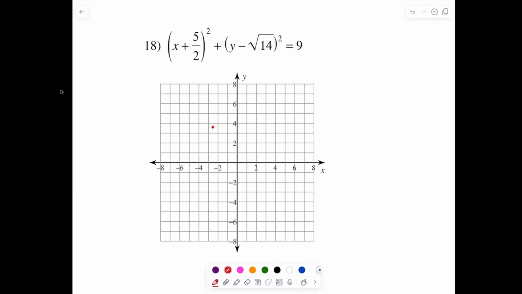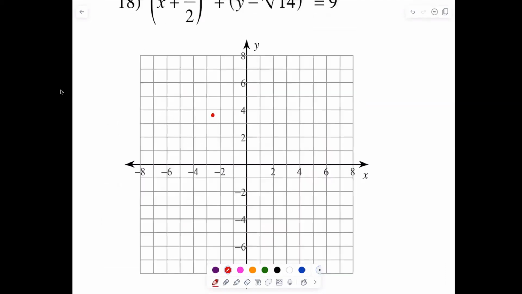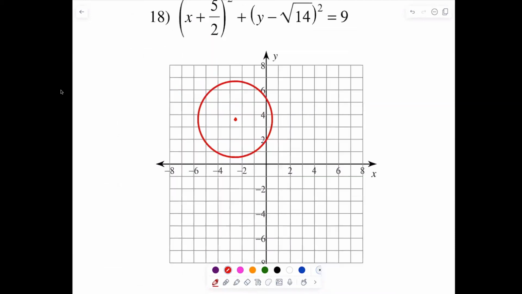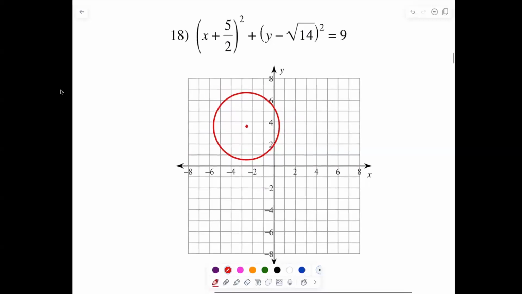Then from there, you go up 3, down 3, left 3, right 3. It's not 2.5 squared for the first coordinate. What? 5 divided by 2. It's 2.5, that's correct.